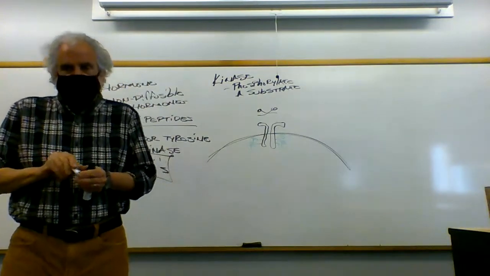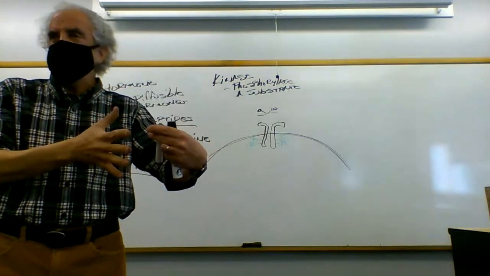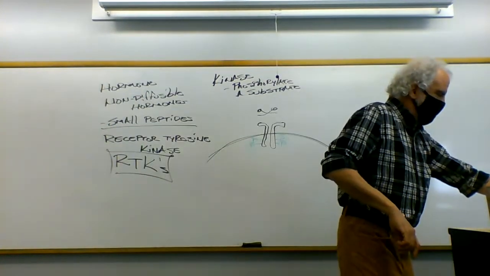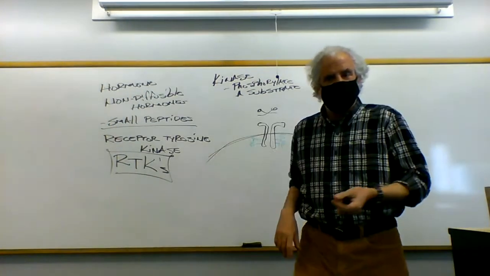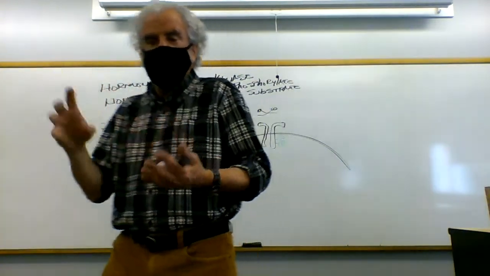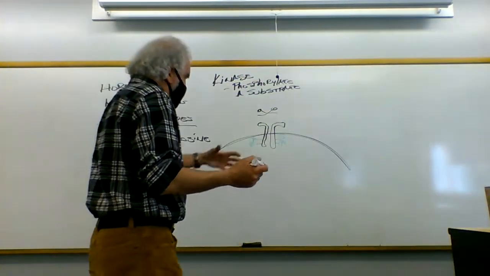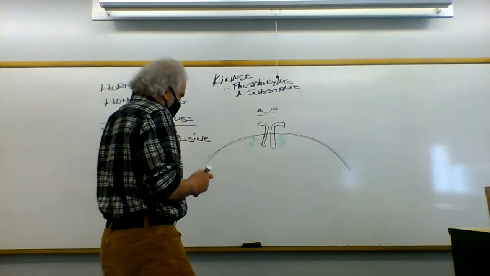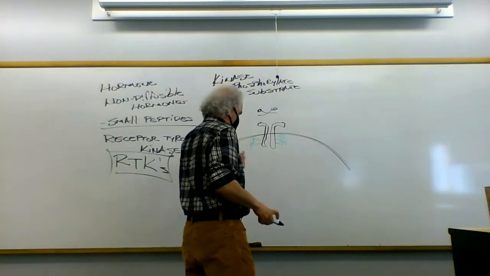And so they are cross-phosphorylating each other. And what this phosphorylation does is essentially set up a little docking spot, that a whole class of cell signaling proteins then get recruited and activated.